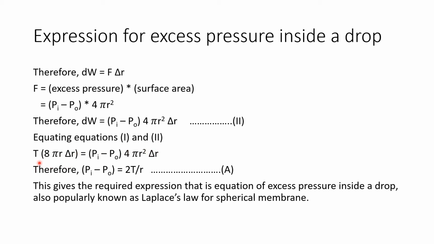Equating equation number 1 and equation number 2, we obtain T into 8 pi R delta R is equal to Pi minus P naught into 4 pi R square delta R. Delta R gets cancelled, 1 R gets cancelled, pi gets cancelled, and we are left with Pi minus P0 is equal to 2T upon R. Therefore we got the expression for the excess pressure across the liquid drop as Pi minus P naught is equal to 2T upon R. This equation represents the excess pressure inside the liquid drop.